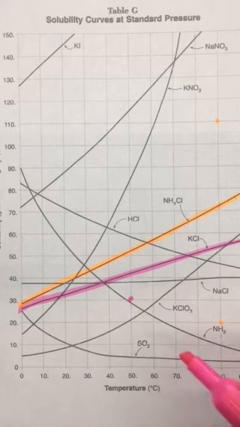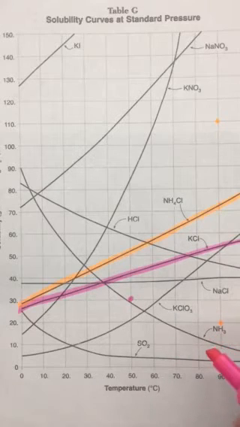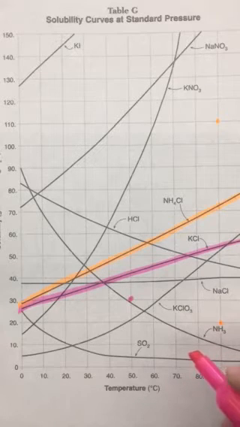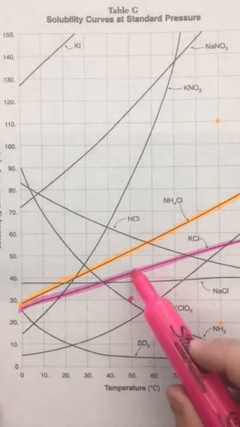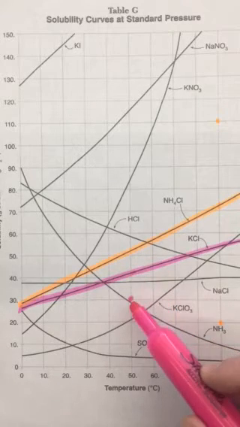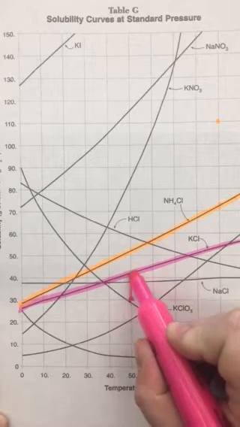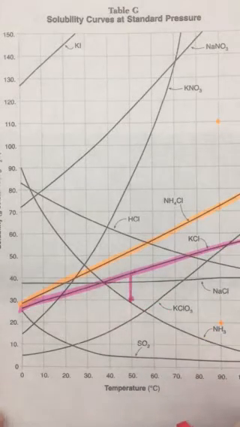I could also ask how much more potassium chloride could I add in order to make this solution saturated? Well, it can hold 42. It has 30 in it already, so I can add 12 more in order to make it saturated.